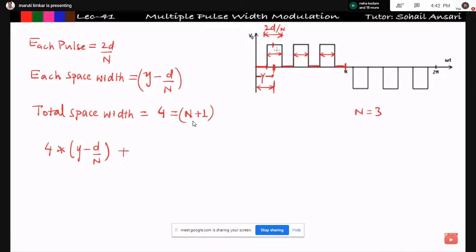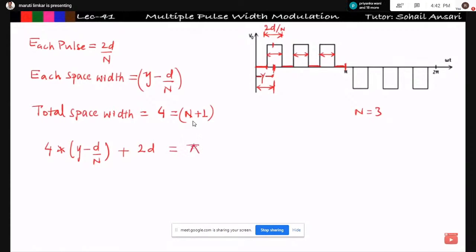The total pulse width will be 2D by n plus 2D by n plus 2D by n, that is 6D by n. Put n equal to 3, and you get the pulse width equal to 2D only.